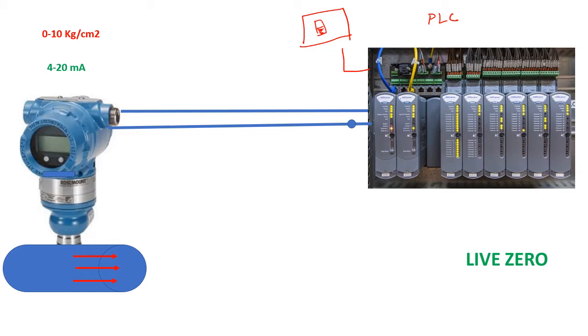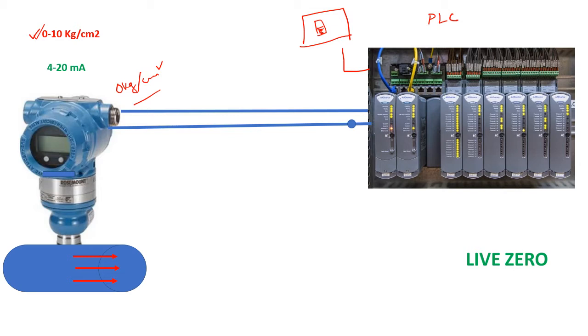Now the range of the pressure transmitter is 0 to 10 kg per centimeter square, which means when the isolation valve is closed or no fluid is flowing through the pipe, the pressure read by the transmitter should be 0 kg per centimeter square. We assume that the pressure transmitter has been calibrated properly.